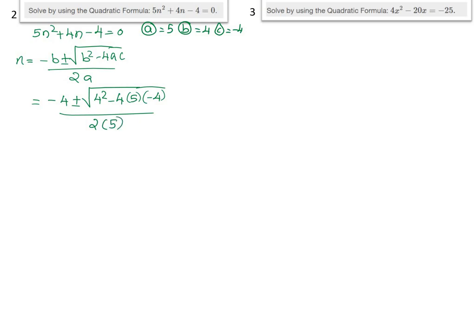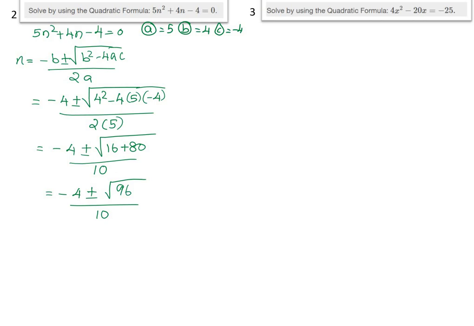Okay, now let us simplify that one. Negative 4 plus or minus square root of 16, minus into minus is plus, so 4 times 5, 20, 20 times 4, 80, divided by 10. Okay, so negative 4 plus or minus square root of 80 plus 16 is 96, divided by 10.